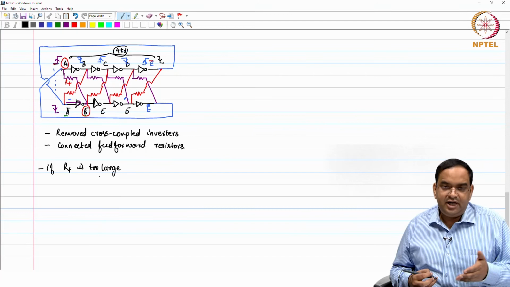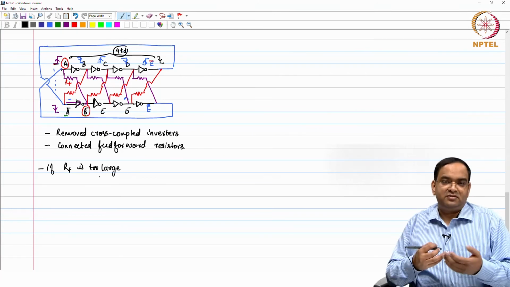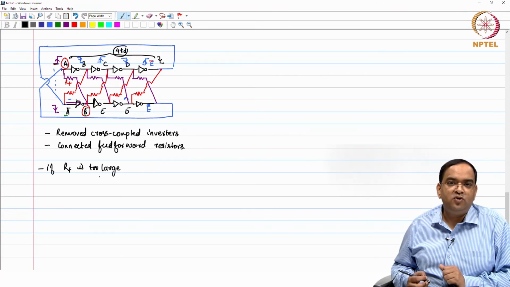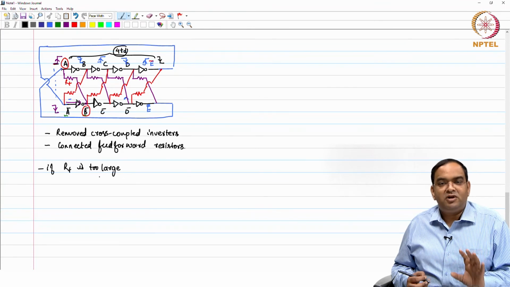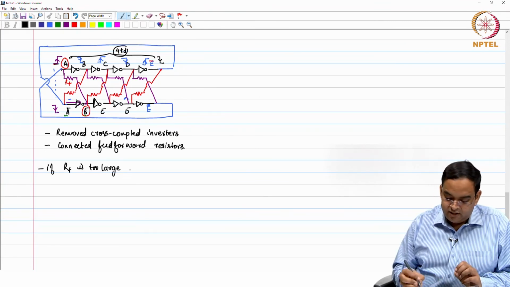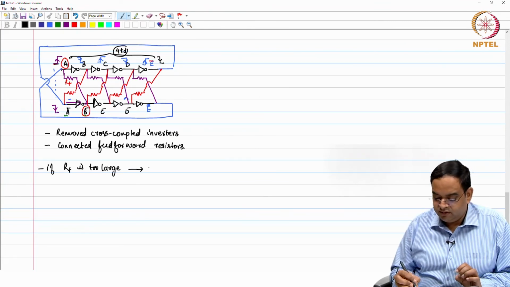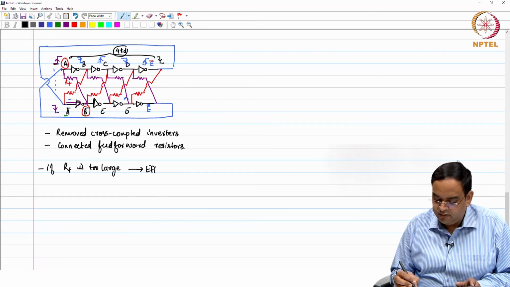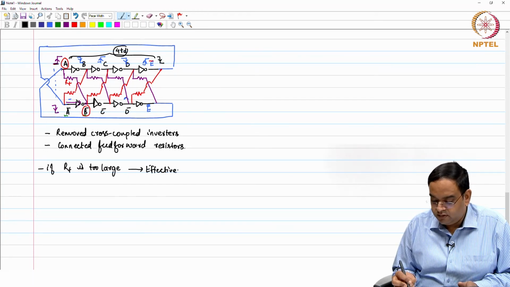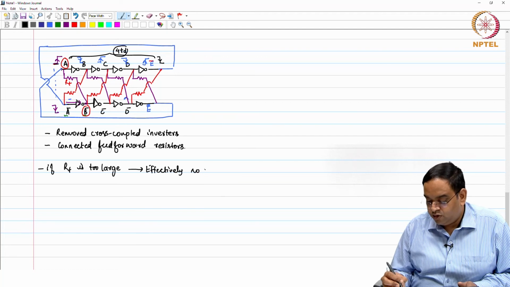If RF is infinity, there is no relationship between the phases, it is like an open loop, right, the circuit will not oscillate at all. So, if RF is too large, effectively no relationship between the phases.